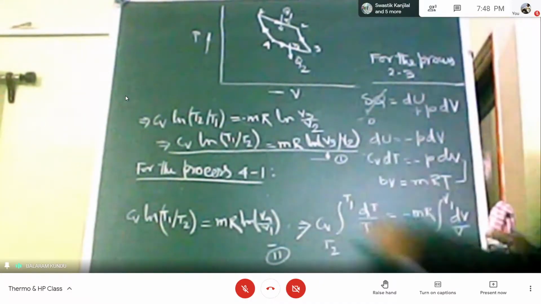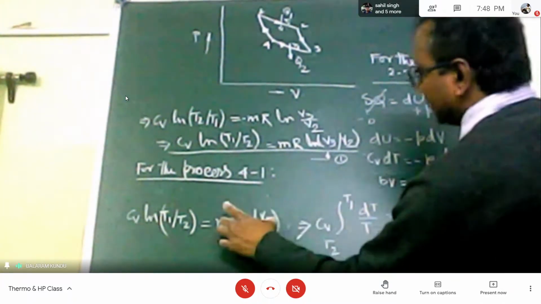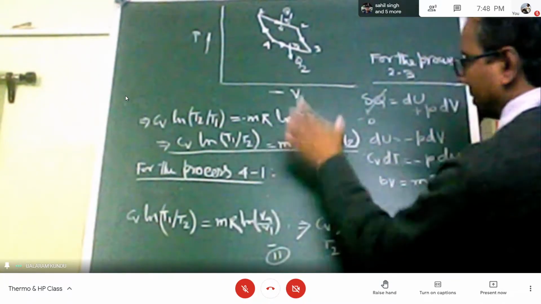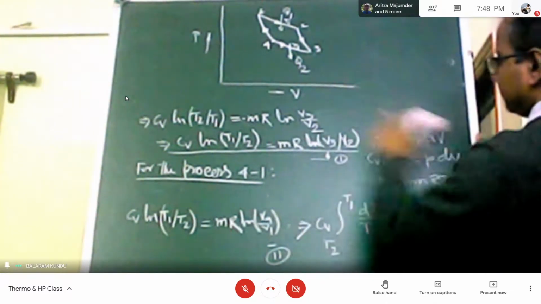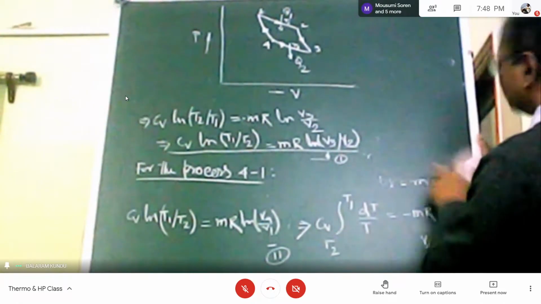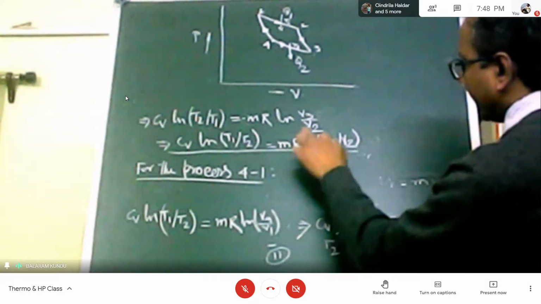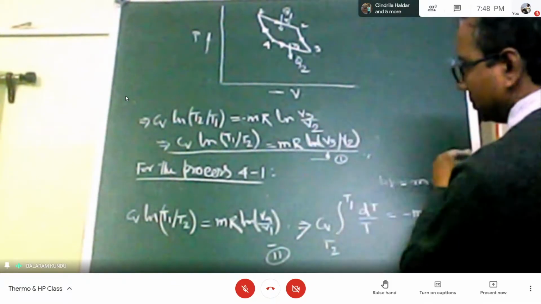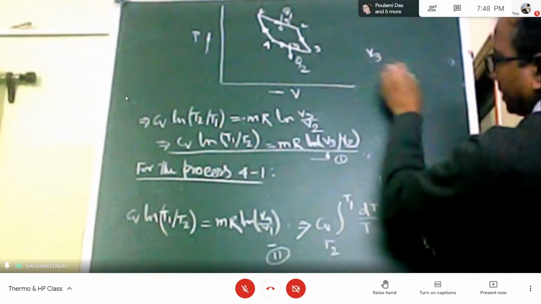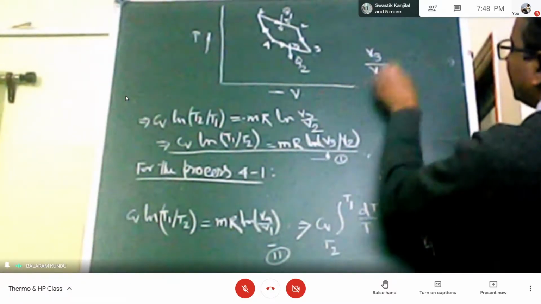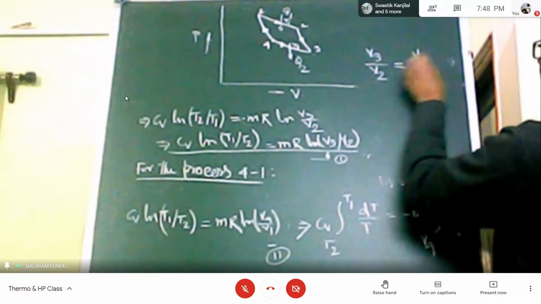So using 1 and 2, what can we write here? This term should be equal to this term. Combining equation 1 and 2, we have V3 by V2 should be equal to V4 by V1.